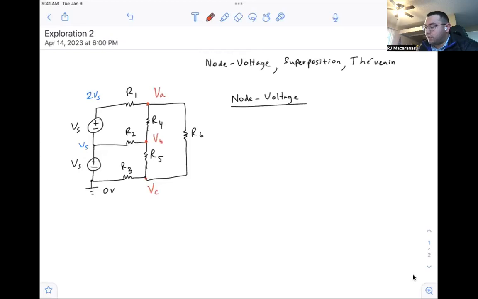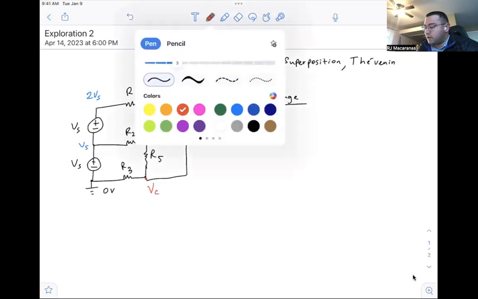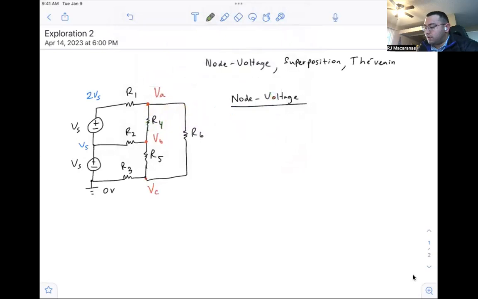The next thing that we want to do is define our currents. What I usually like to do is have all the currents go from left to right and then recombine through ground. So I3 is here. For R2, we have a current going from Vs to VB, and then it's going down through R5, that's I5.